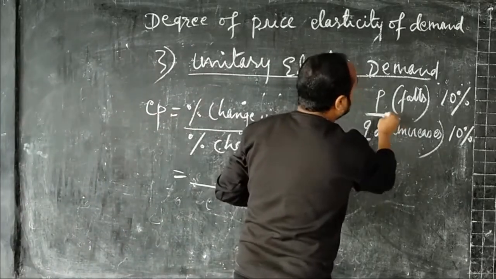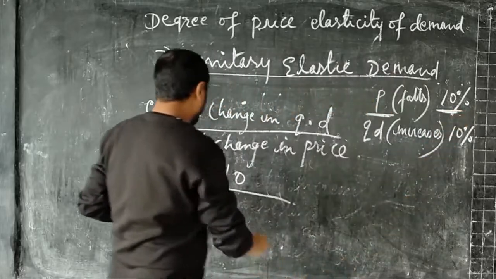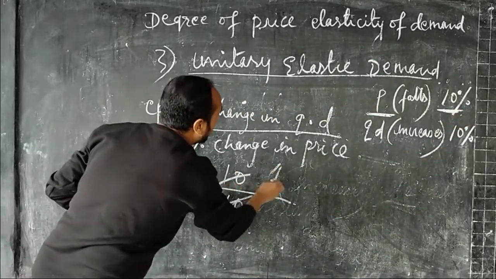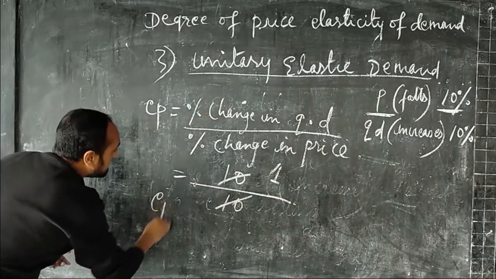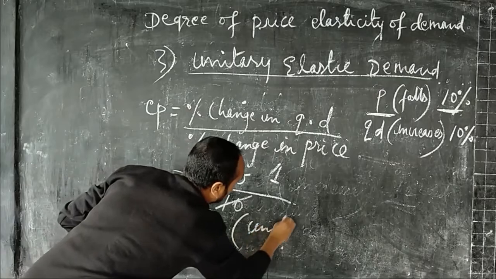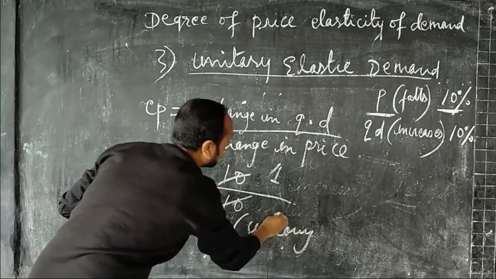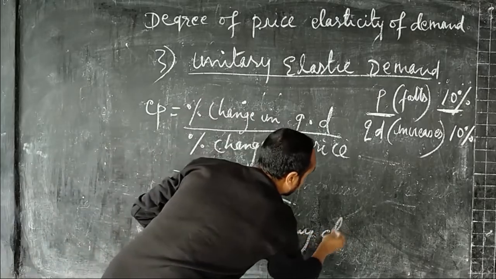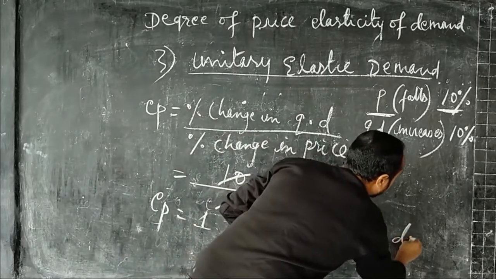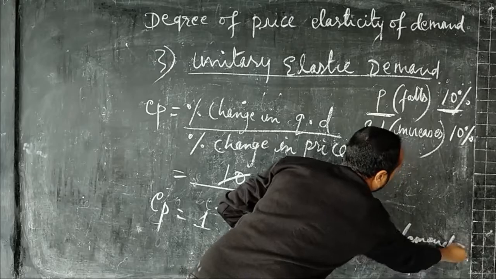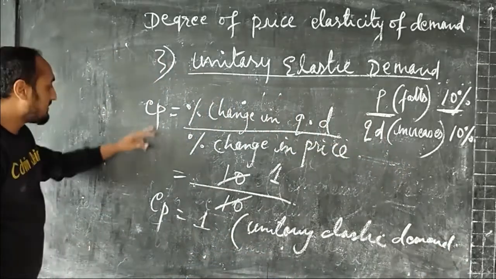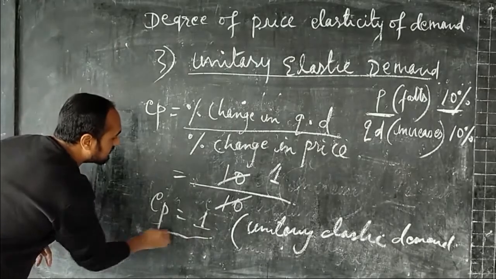This price is also changing by 10%. So here we'll write 10. If we divide these two, we'll get 1. So here EP is equal to 1, and this is the case of unitary elastic demand. Here we'll get the value of price elasticity of demand exactly equal to 1.